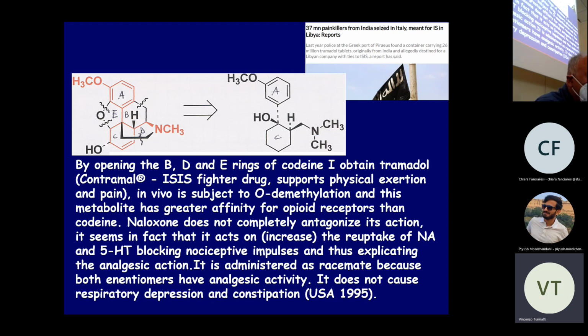It does not cause respiratory depression and constipation. Good painkiller, no respiratory depression, no constipation, no block of the gastrointestinal muscle movements.